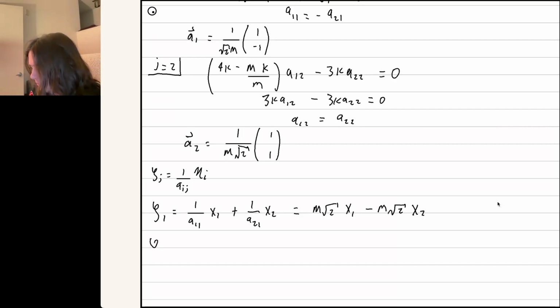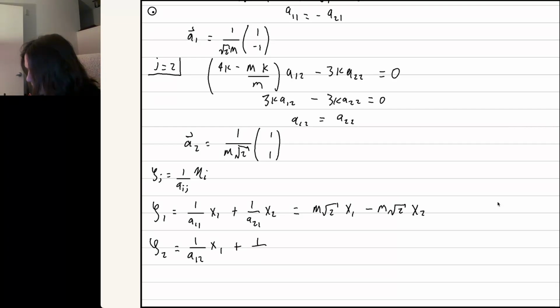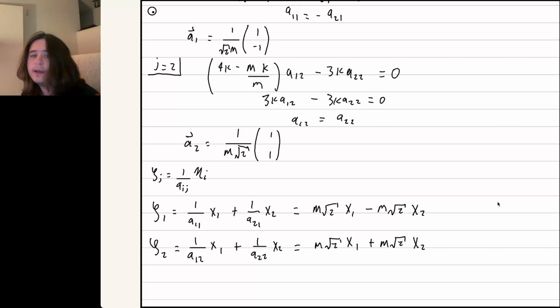The second normal mode, zeta 2, will be 1 over a12 x1 plus 1 over a22 x2, which ended up being equal to each other. So it looks like that. What does that correspond to physically? It means that the masses are moving together in the same direction like this, with a frequency root k over m. All right.